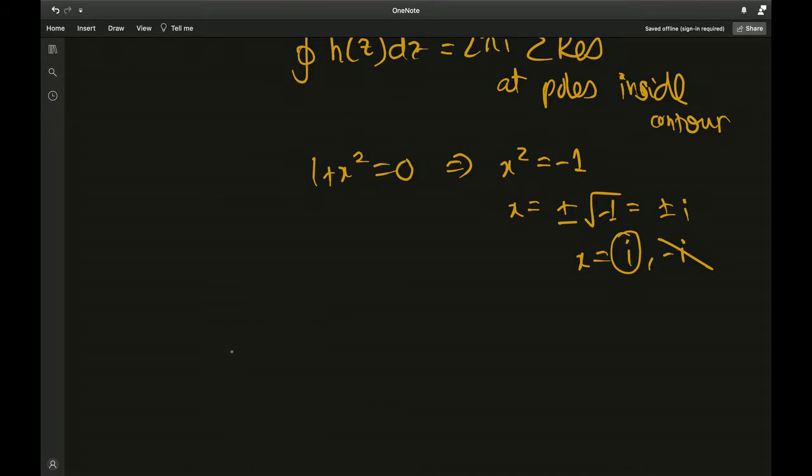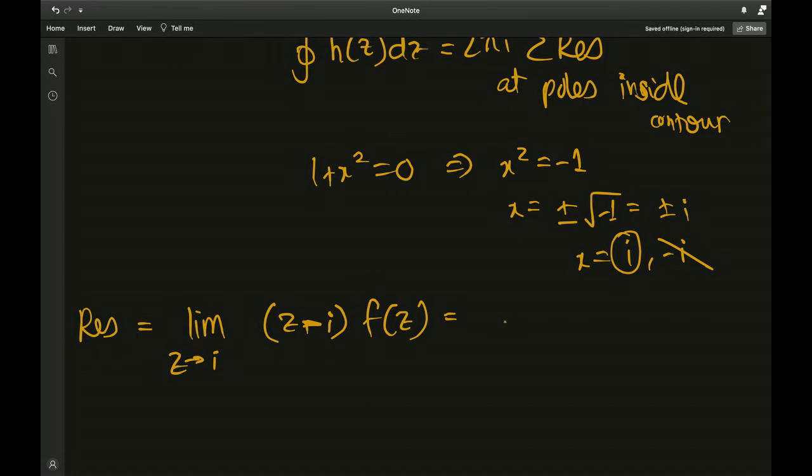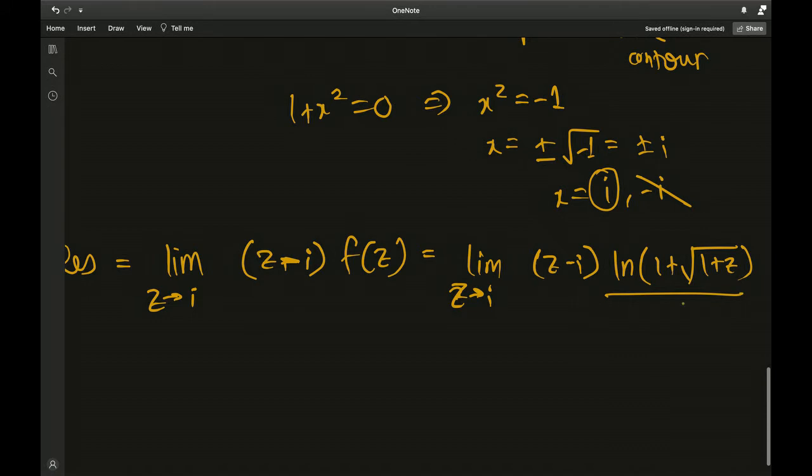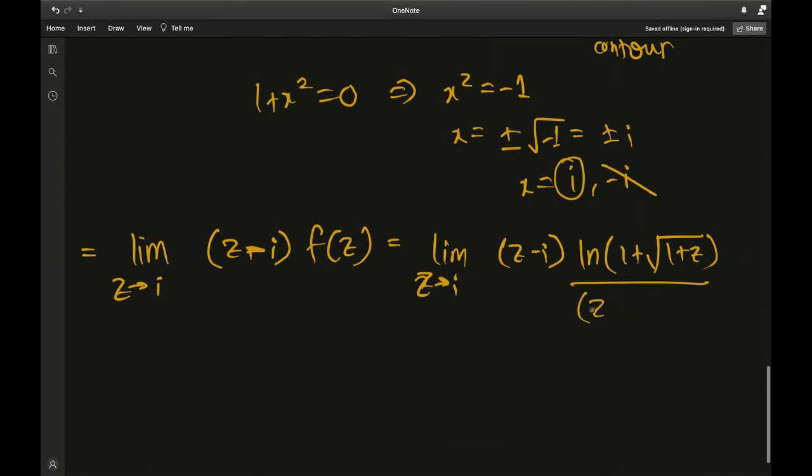And the way to find the residue of a simple pole is to take the limit as z goes to i of z minus i times f of z. That's the residue. So we have the limit as z goes to i of z minus i, natural log of 1 plus square root of 1 plus z, divided by 1 plus z squared, which can be written as z minus i, z plus i.